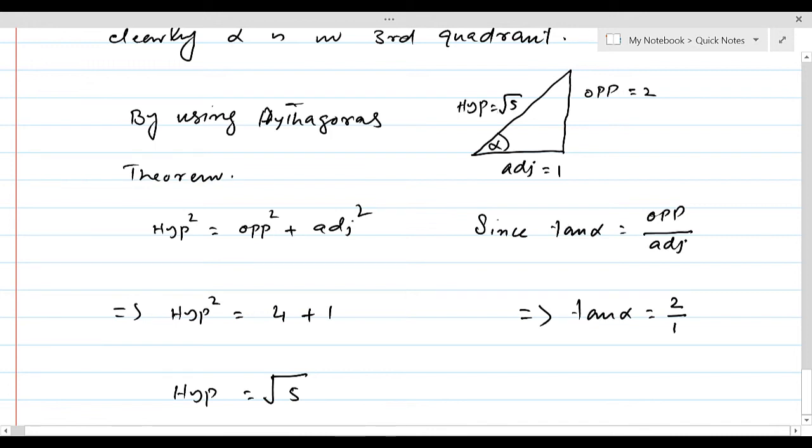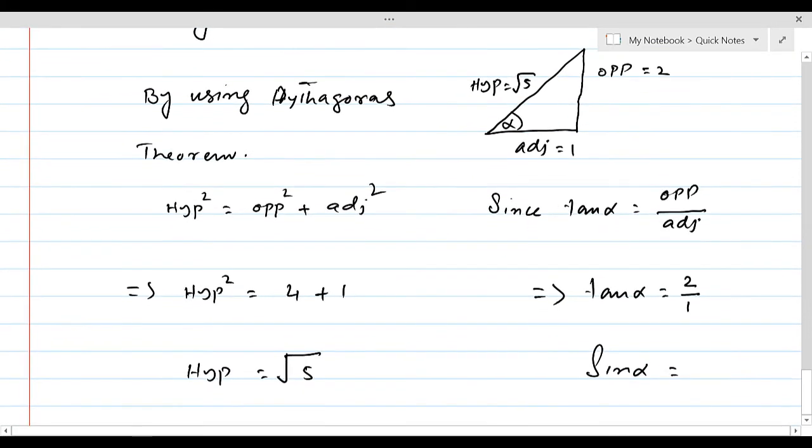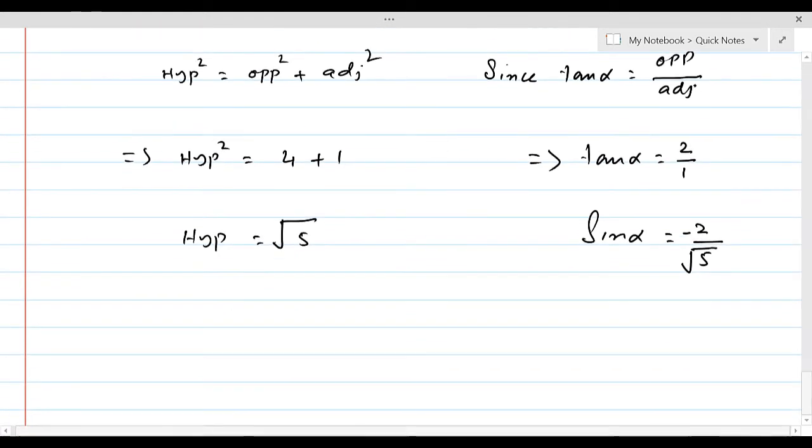Once we have found that the hypotenuse is square root of 5, we already know that alpha is in the third quadrant. Now we can find sine alpha, which is opposite over hypotenuse, 2 over under root 5, and it's negative because sine is always negative in the third quadrant. In the third quadrant cos alpha will be negative as well, and its value will be minus 1 over under root 5 because cos is adjacent over hypotenuse. So now you have these three trigonometric ratios.